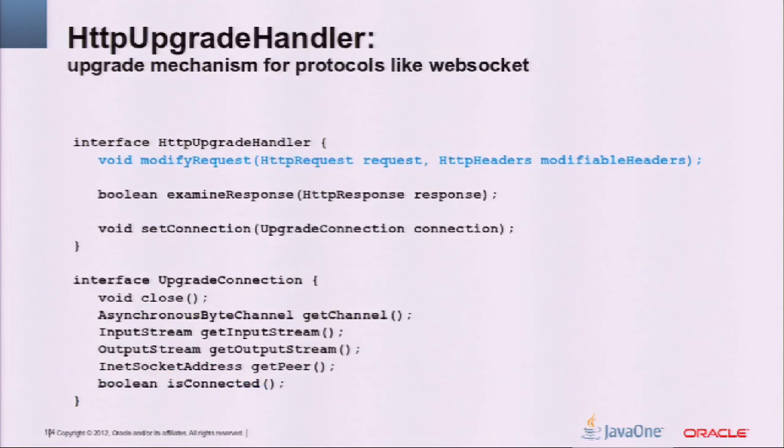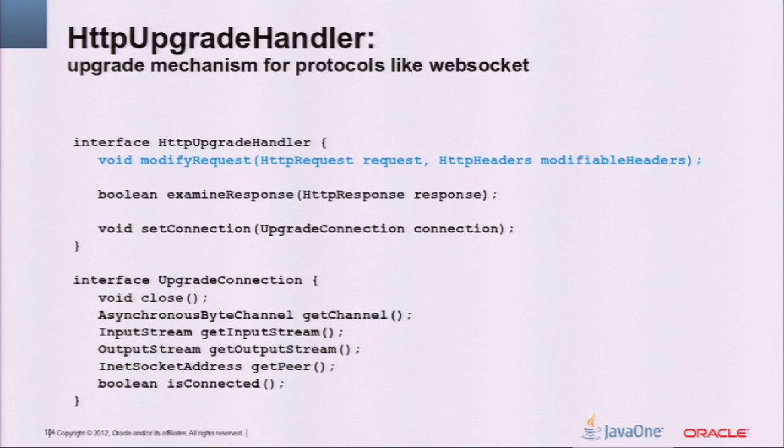Okay. And then the final class I wanted to mention is the HTTP upgrade handler. It's basically an implementation of the generic upgrade mechanism in HTTP, and it will be used for protocols that use that mechanism, like WebSockets. It's similar to the filter API in that the HTTP upgrade handler has methods like modify request and examine response.